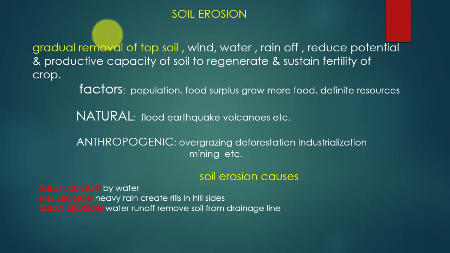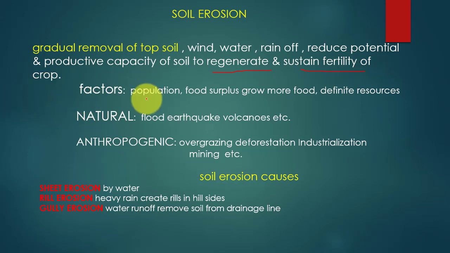In simple terms, it is the gradual removal of topsoil by the action of wind, water and runoff, which reduces the potential and productive capacity of soil to regenerate and sustain the fertility of crops. In one simple line, the topsoil is washed away with lots of flood and rain water, washing away the nutrients of the upper top layer due to various factors.